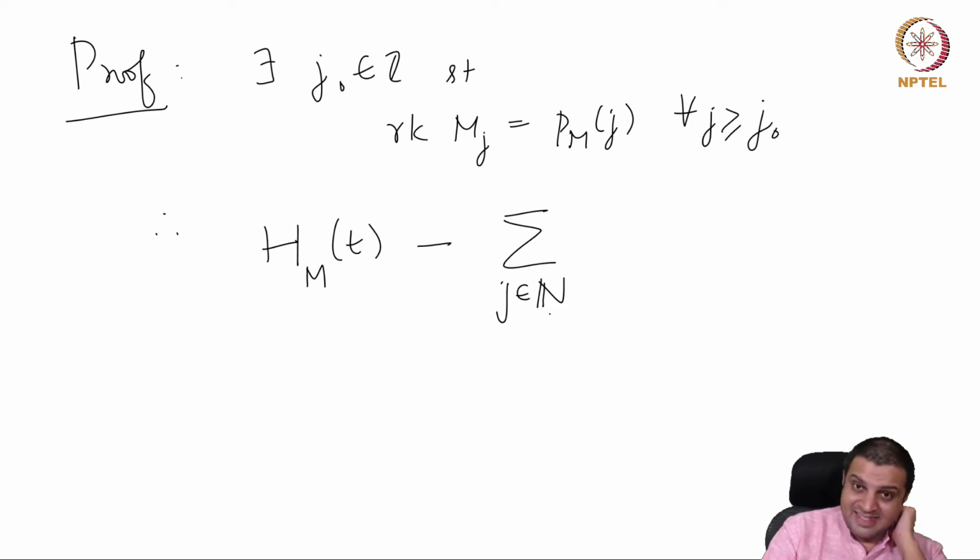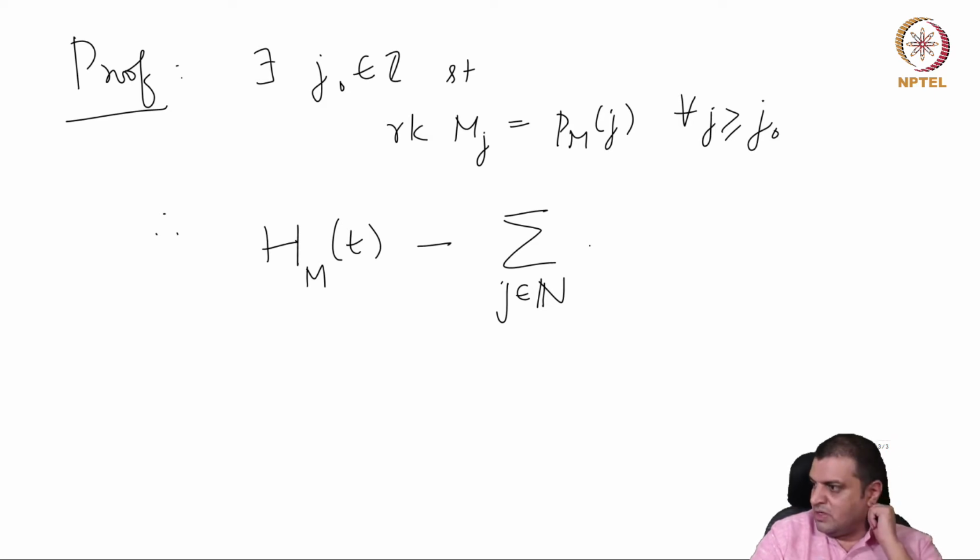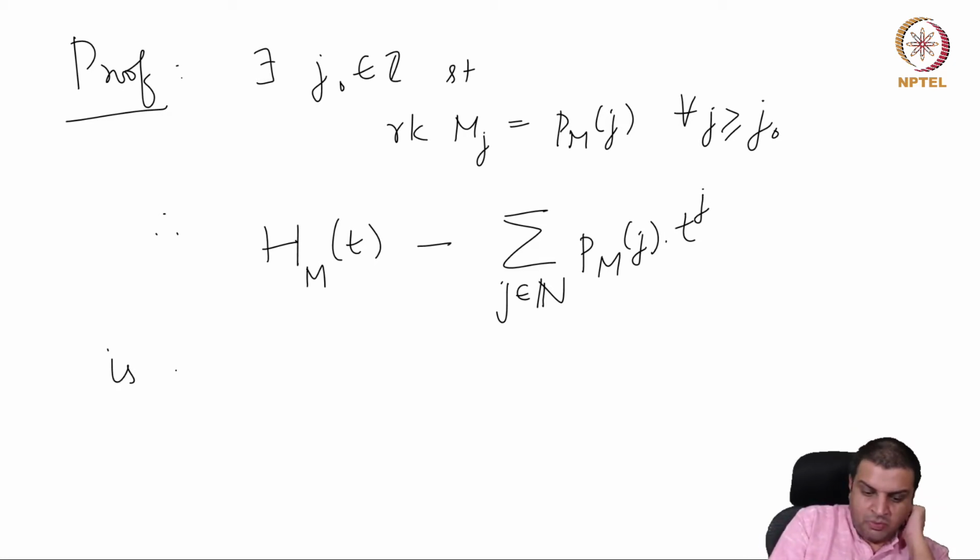So notice j inside N. That's because Pm need not be, sorry, let's clarify this. The sum of Pm(j) t to the j is a Laurent polynomial.